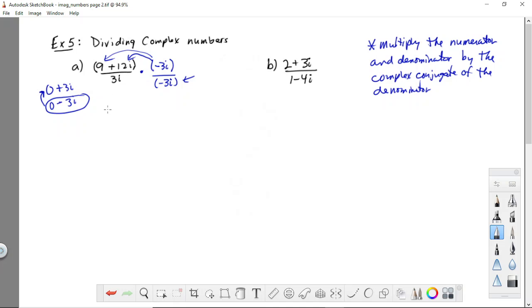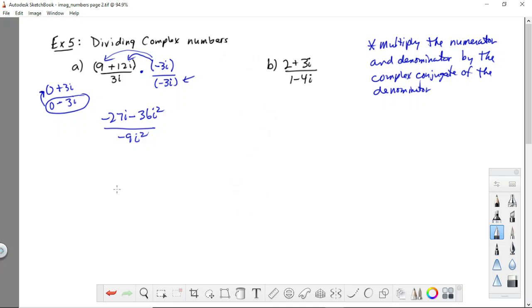Negative 3i times the 9 gives us negative 27i. Negative 3i times 12i, okay, that gives you a negative, because it's negative times positive, negative 36, but we have that cool i squared lurking there. So that's the numerator. The denominator, 3i times negative 3i, that's negative 9i squared.